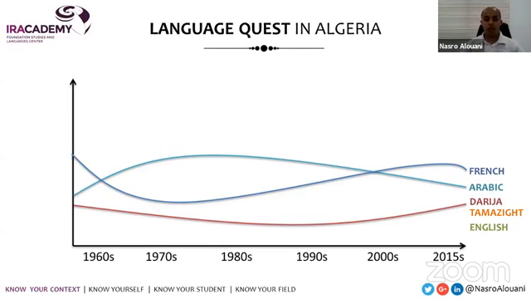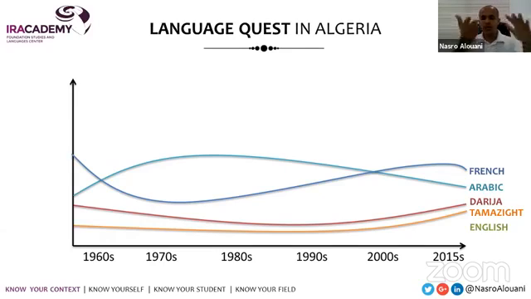We also see Darija a lot in magazines, in sitcoms, on TV, and it's something new that's going on. Tamazight was always steady because it was always spoken in the shadows. A lot of people speak Tamazight in Algeria, but from 2000 we see the curve going up with the introduction of Tamazight in schools.